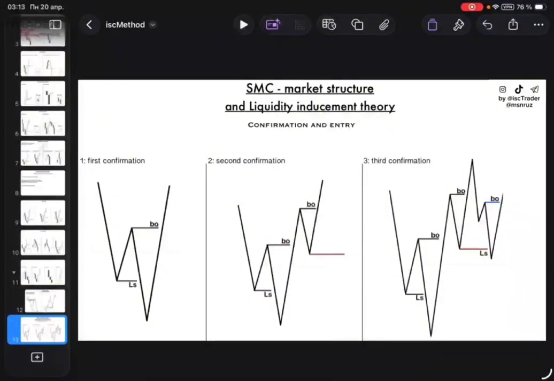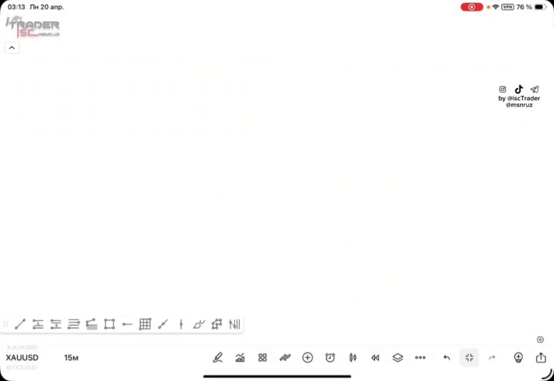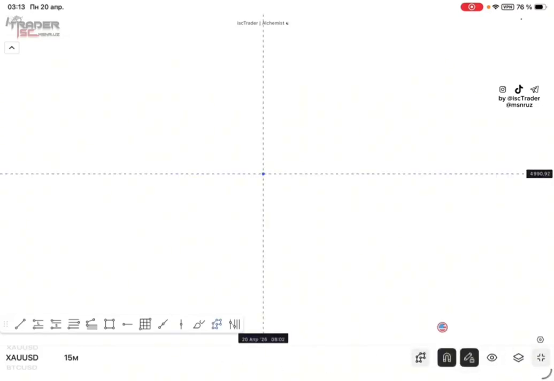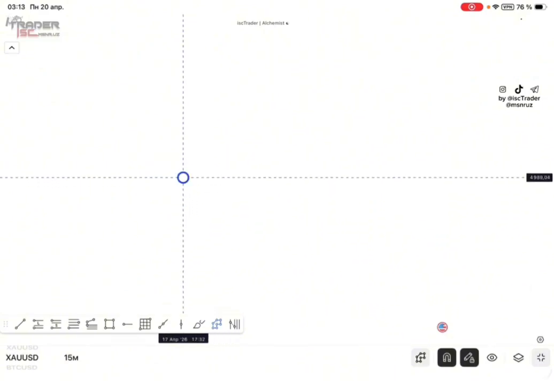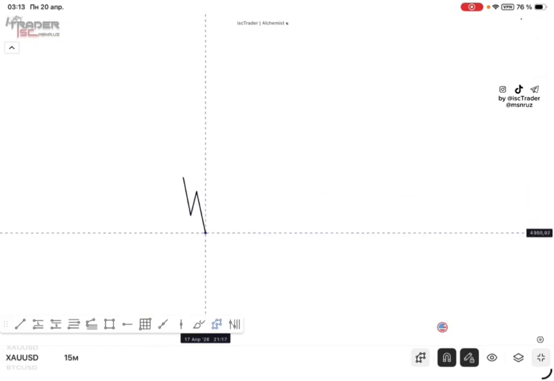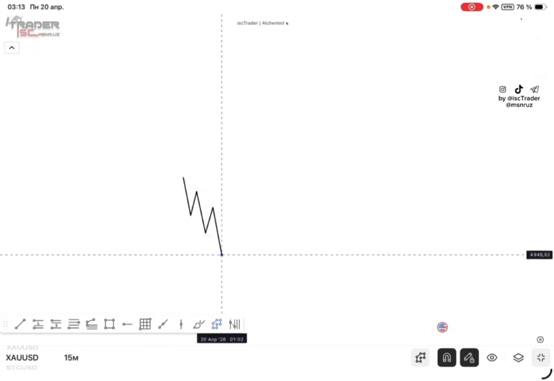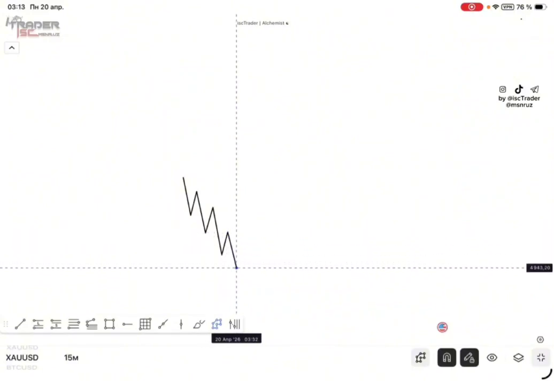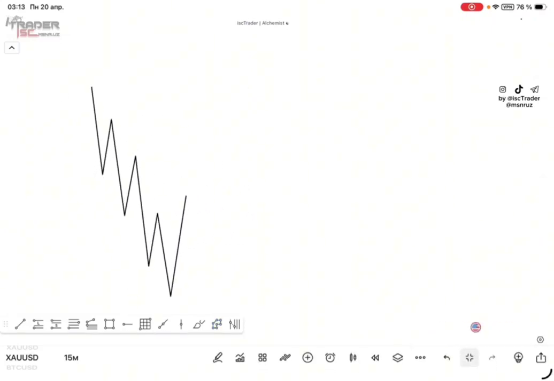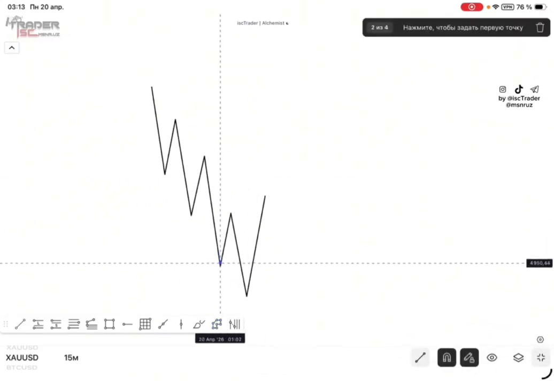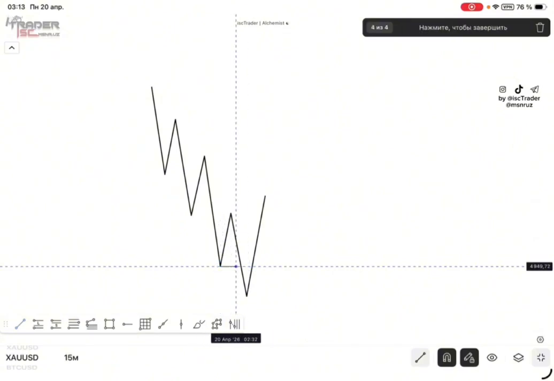As for the market structure, how do we know whether the trend is buy or sell? Okay, the market is in a sell. The market is moving in a sell. The trend is sell. And a breakout happens. A liquidity sweep occurs.